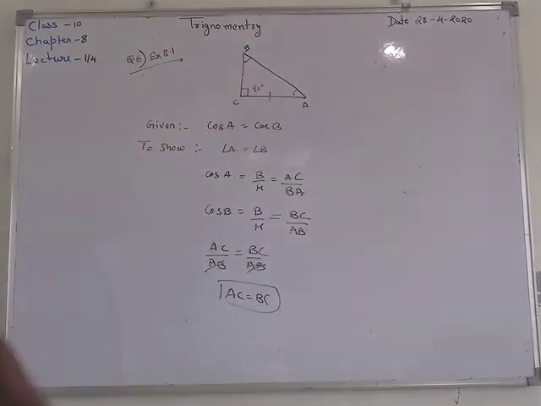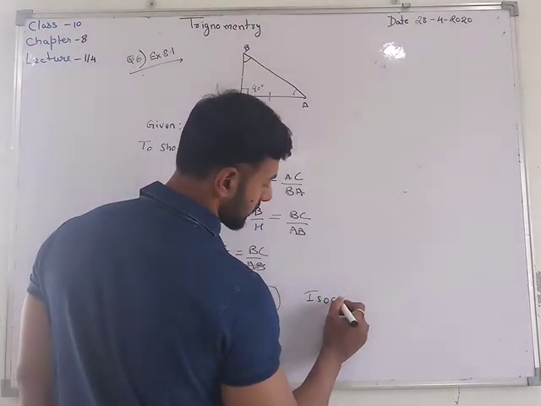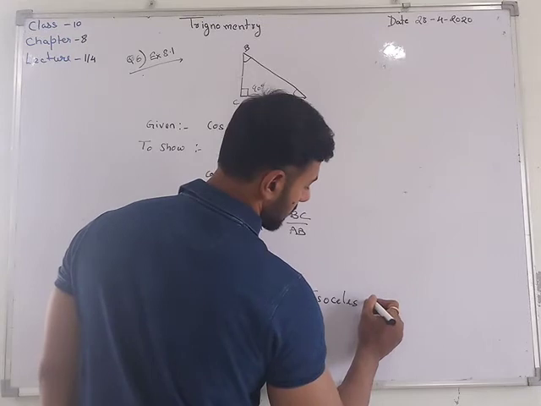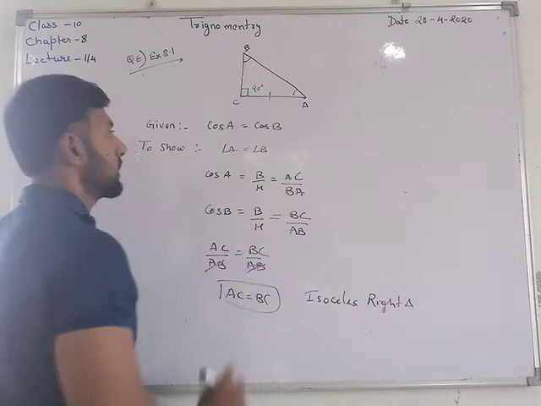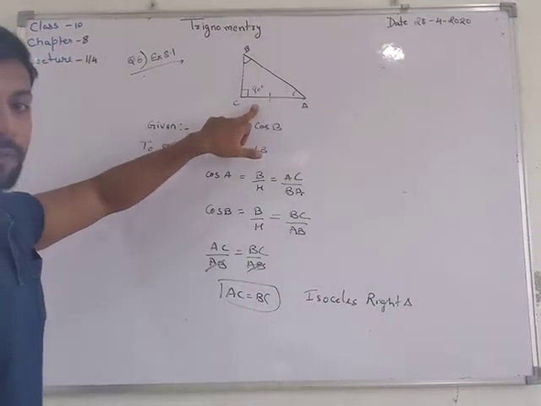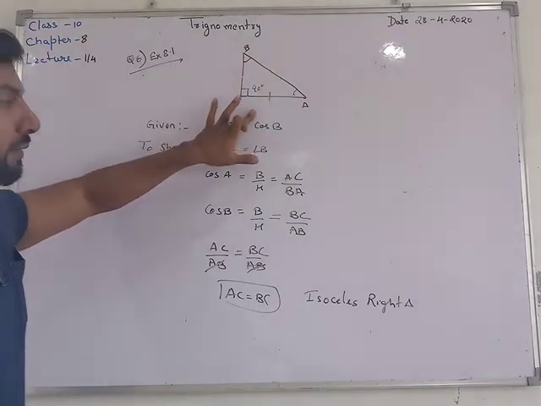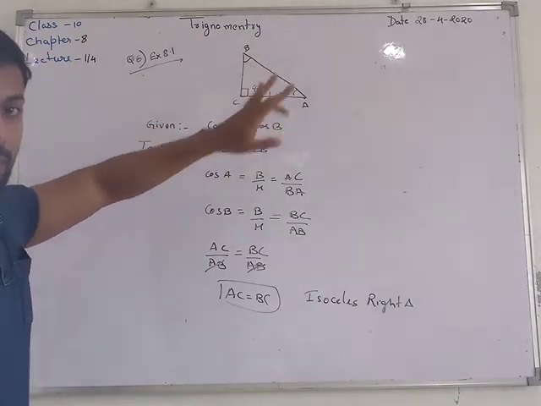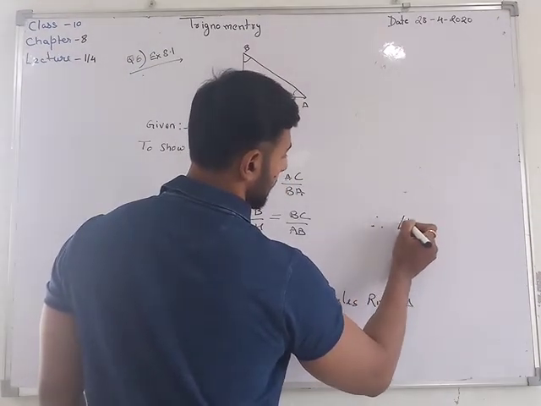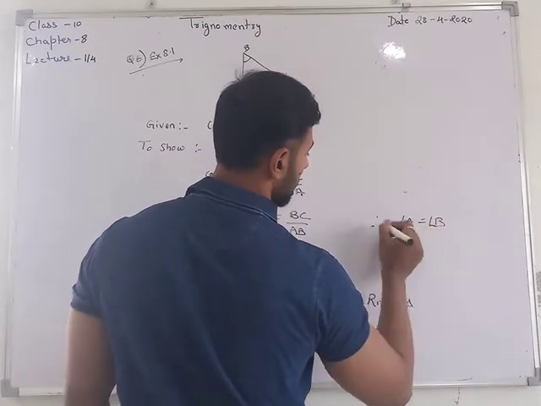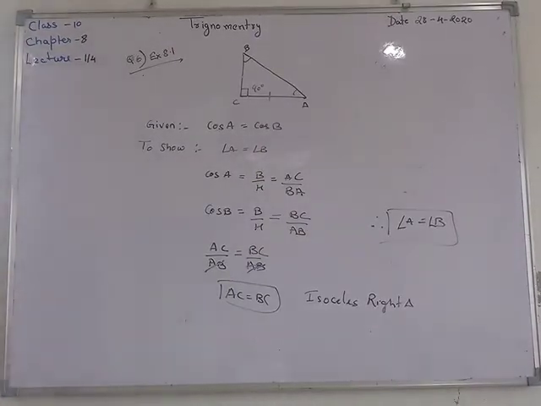If this is equal, that means this is an isosceles right triangle. Equal sides of an isosceles right triangle make equal angles. So therefore we can write angle A is equal to angle B by property of an isosceles right triangle. Let us move to the next question.